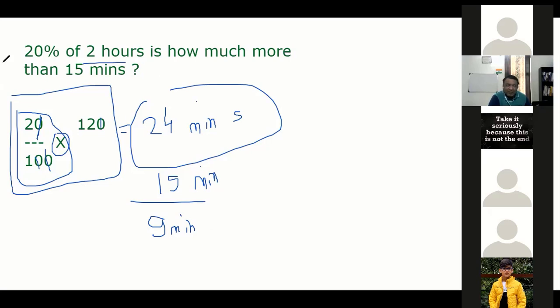Yeah. Similarly, if I say you got 20% marks, so 20 out of 100, 20 by 100. 20% means 20 by 100. Then I said of.